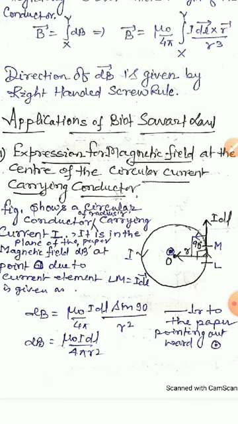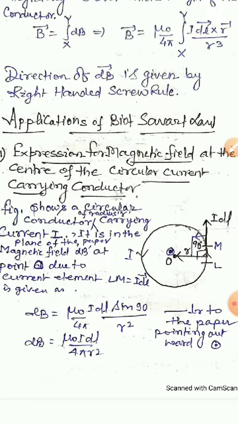So using Biot-Savart law, magnetic field at point O due to elementary element LM is given as mu naught by 4 pi, I dl sine theta, here theta is 90 degrees, sine 90, by r square. So dB is mu naught I dl by 4 pi r square. Now when we rotate a right-handed screw from I dl to r, it is anti-clockwise, so it will come up. So perpendicular to the plane pointing outward is the direction of dB.